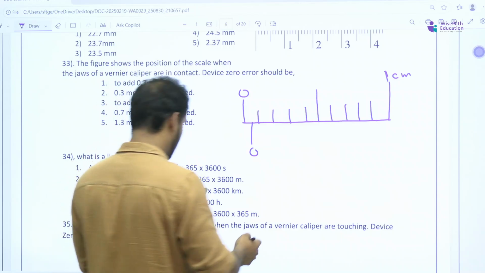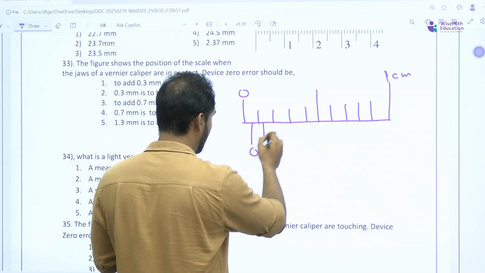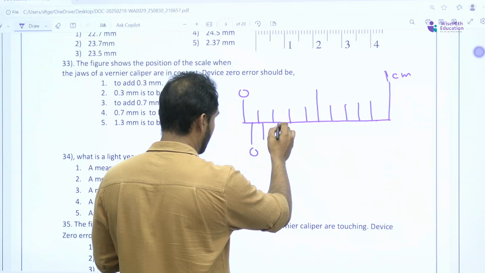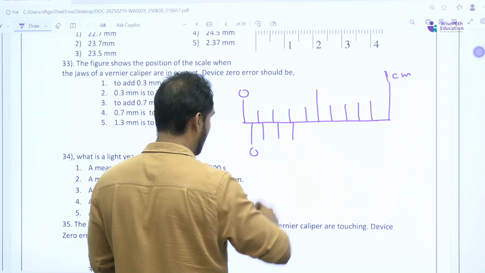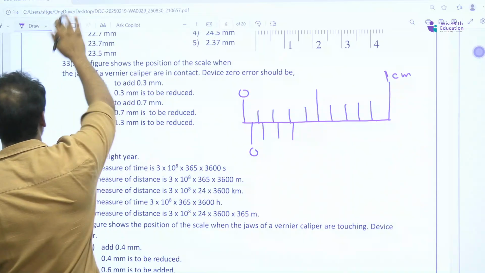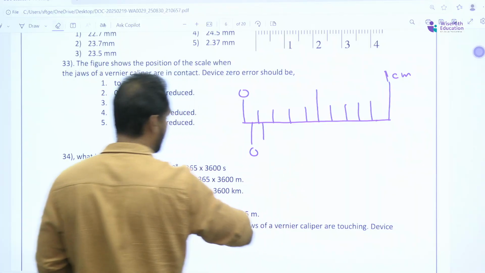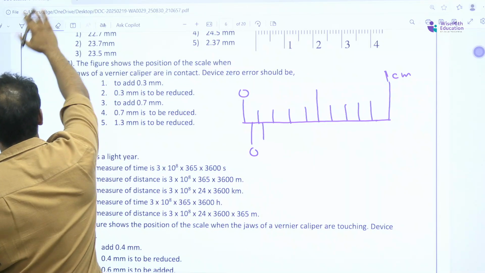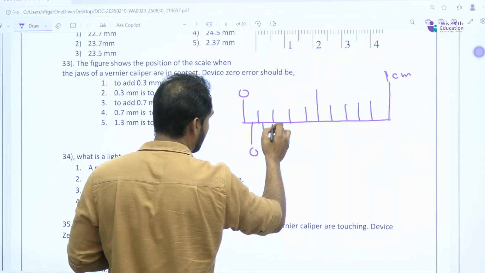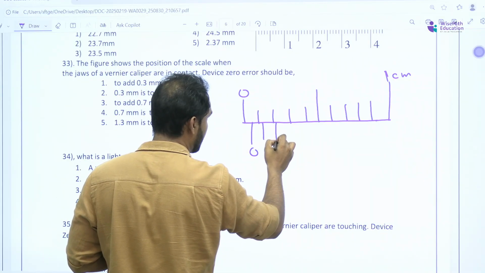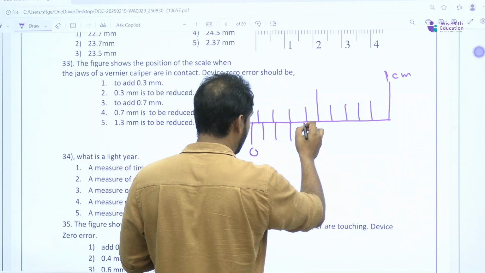Right, so now there's the vernier. 1, 2, 3, 4. 1, 2, 3. I'm sorry, the third line has aligned. One, 2, 3, 4.